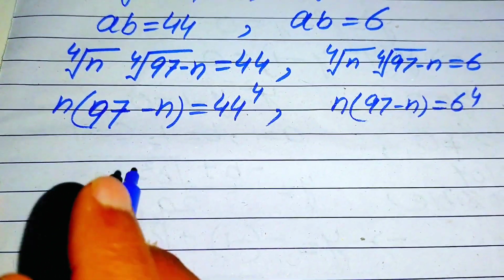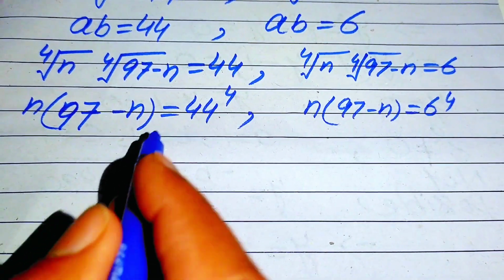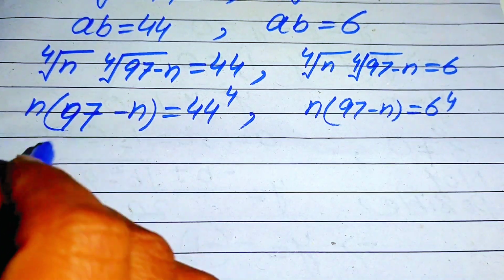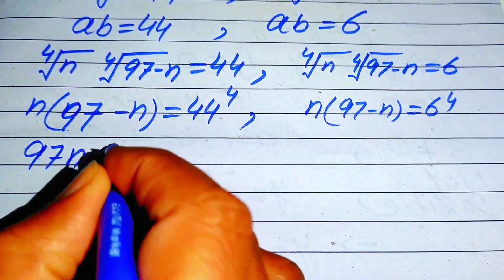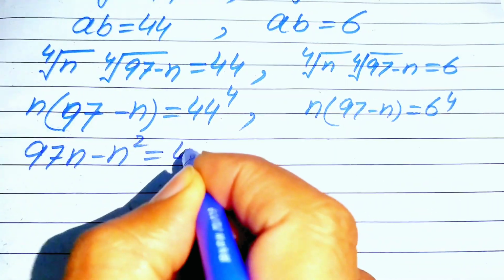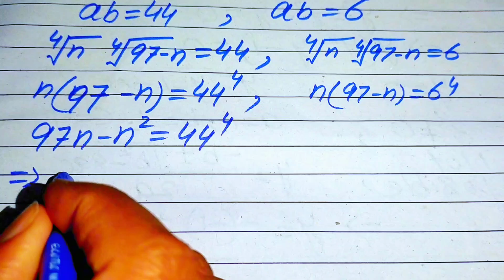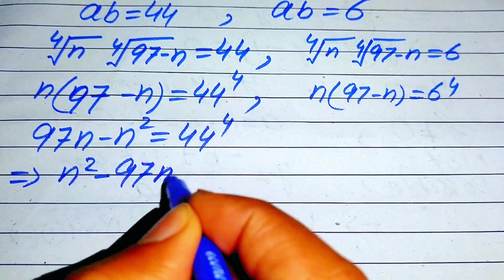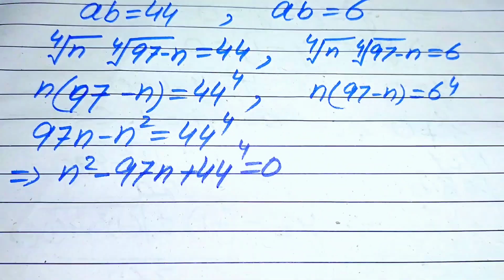So here in the first case we can simplify this equation, and we multiply this n on both of these terms, and we get 97 times n minus n square equals 44 to the power of 4. So we move these two terms to the right hand side, and it becomes n square minus 97n plus 44 to the power of 4 equals 0.